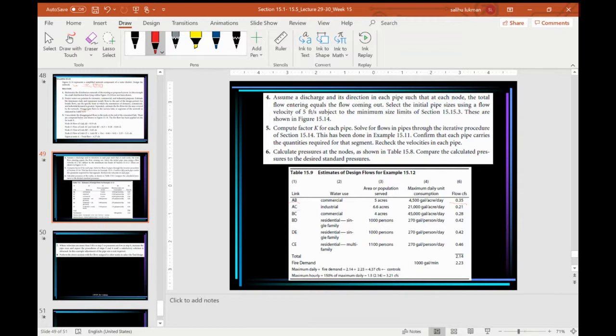And the same thing for AC. AC serves an industrial area, BC serves commercial areas, BD residential area, single family, DE residential area, single family, and CE residential area, multifamily. So this is how we distributed the flows. And this is the fire demand, which when you add everything up, you have 4.37, which is the total inflow into the distribution network.